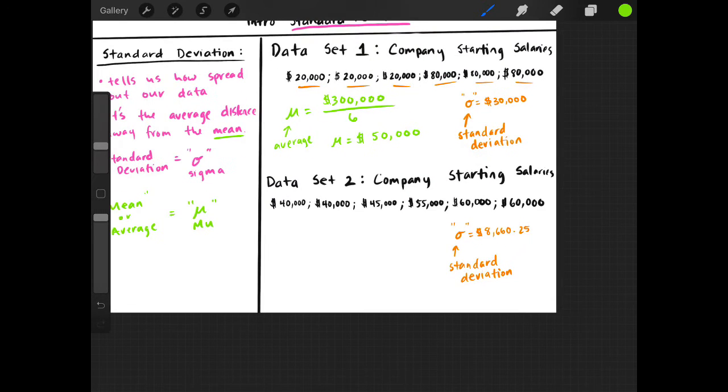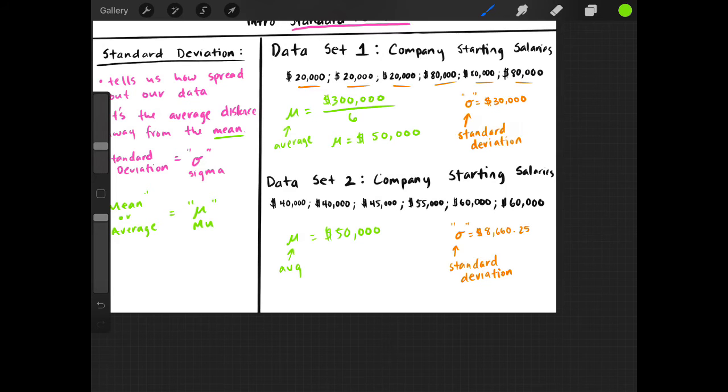Now, I did the same thing on this data set below. Notice how we have starting salaries of 40,000, 45,000, 55,000, 60,000. If we do the same thing, we add them all up and divide by 6, it's again going to work out to be $50,000.